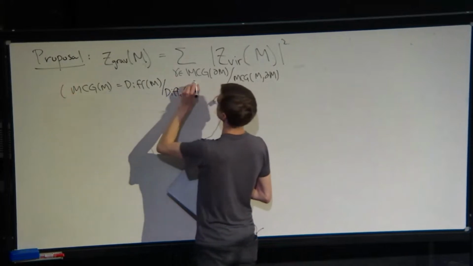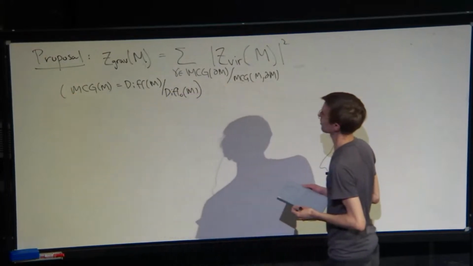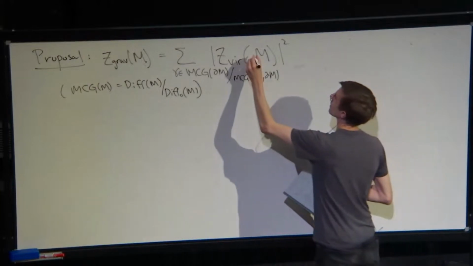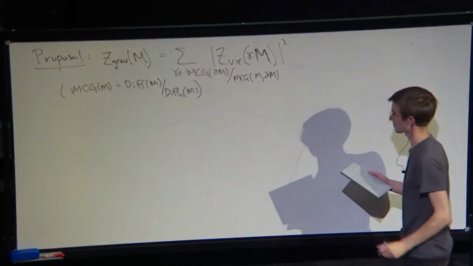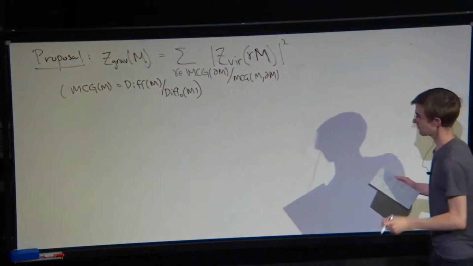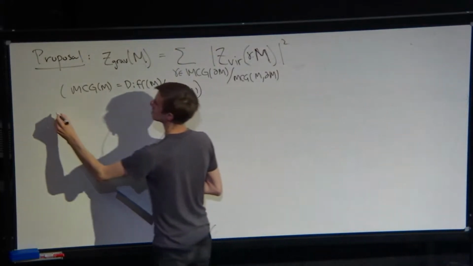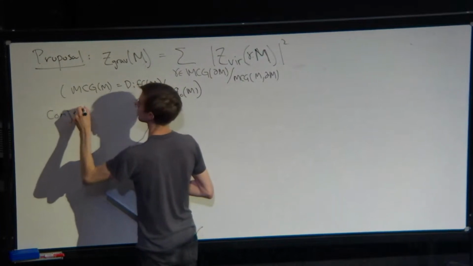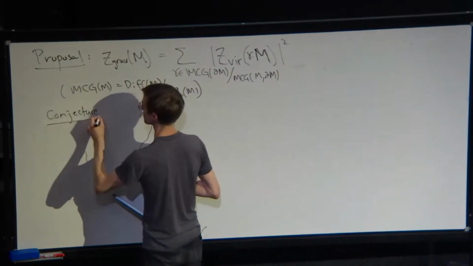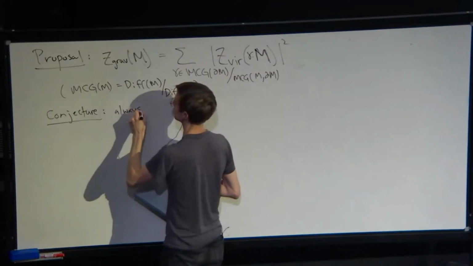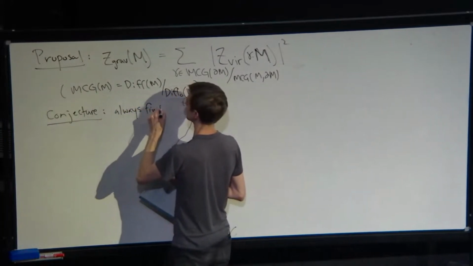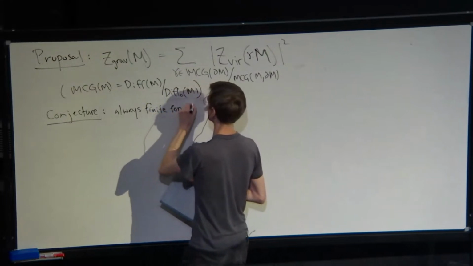For the 2D boundaries, these are like the modular transformations. And then we act on M with these boundary mapping class group elements. And the conjecture that has held up in all the examples we're able to consider is that this is always finite for M hyperbolic.